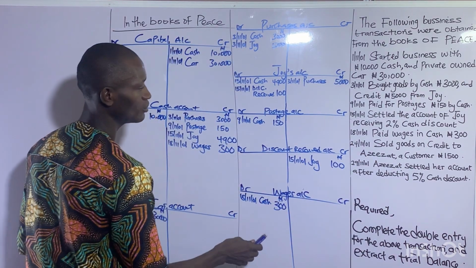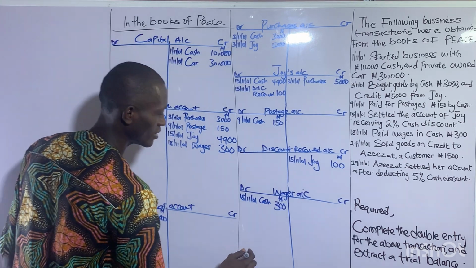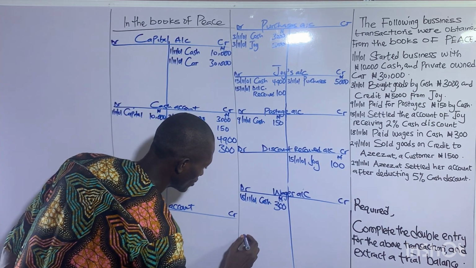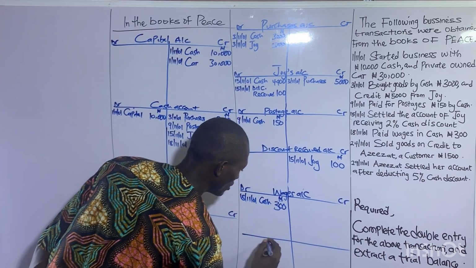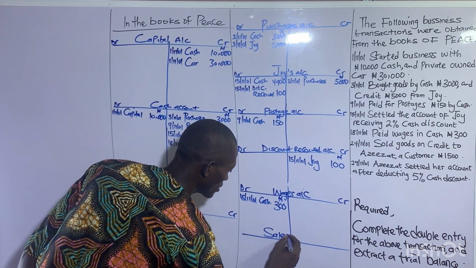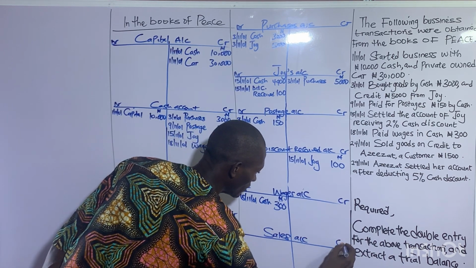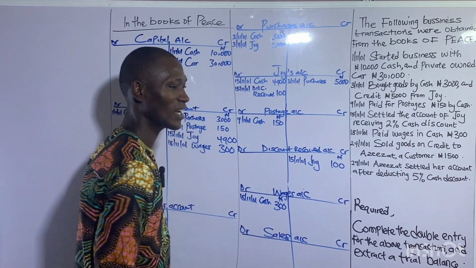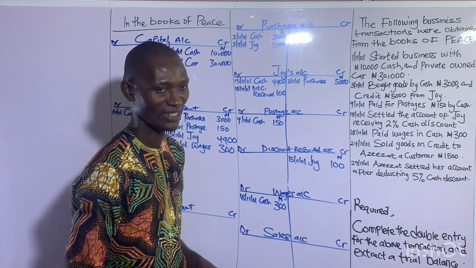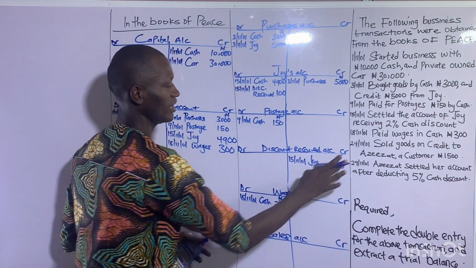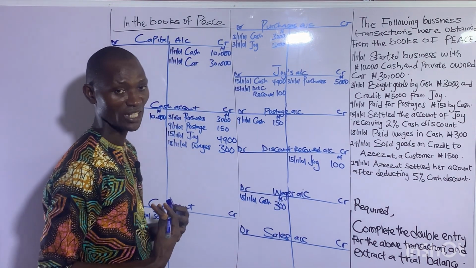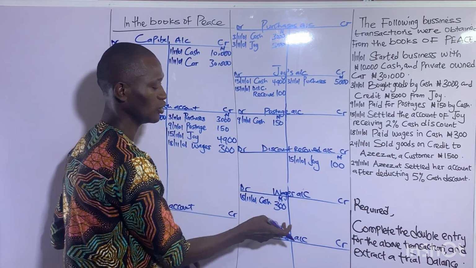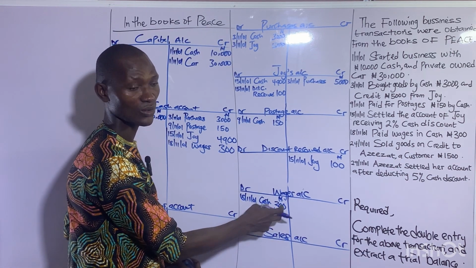So let's open sales accounts here. We have the credits, we have the debit. Sales account will always be credited. We already said that Azizat is receiving, so it will be debited, then the corresponding credit entry will go to the sales account.